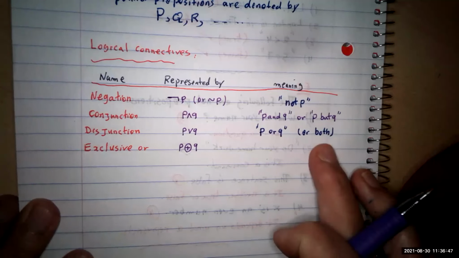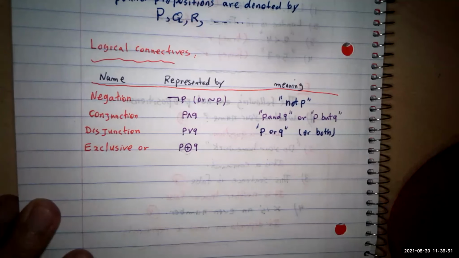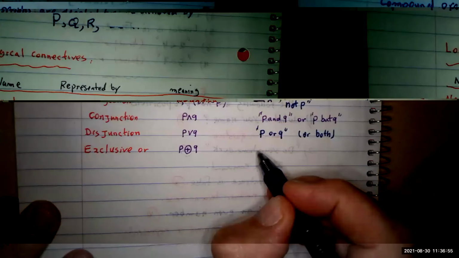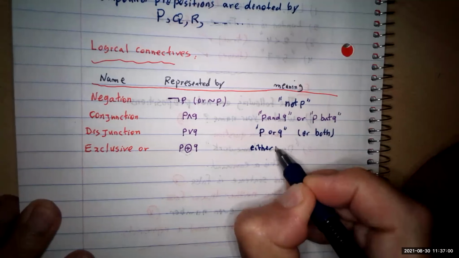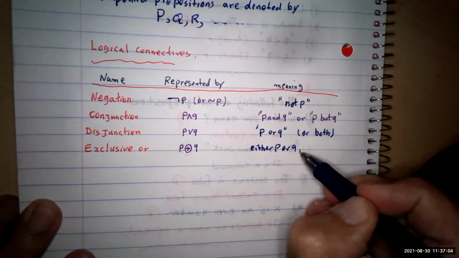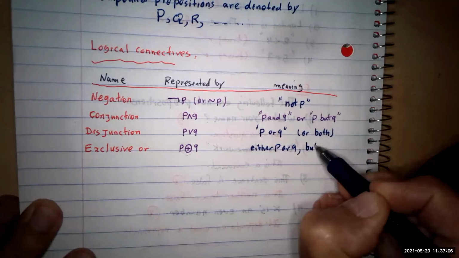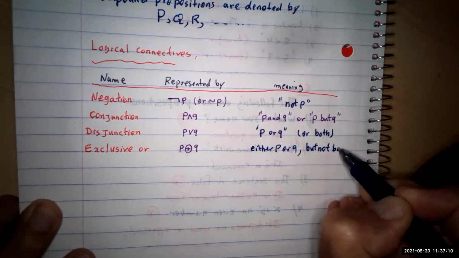If you want to exclude the "both," you have to use the exclusive or. So the exclusive or means either P or Q, but not both of them.